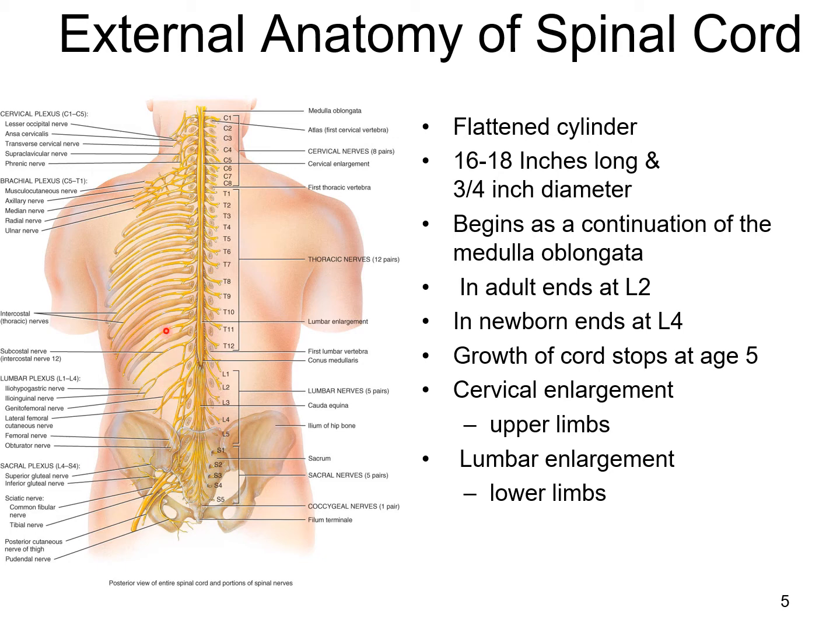So we do have widenings. These are called the cervical enlargement, and we also have a lumbar enlargement where the spinal cord is a little thicker, and so it's not uniform diameter all the way through.